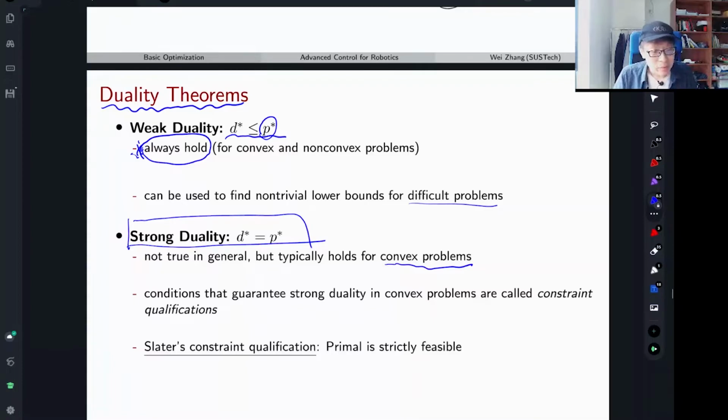If you want to be really picky, you need to check the constraint qualification, and one particular constraint qualification is called the Slater condition. Sometimes you may see that in the literature, and it's very easy to check.